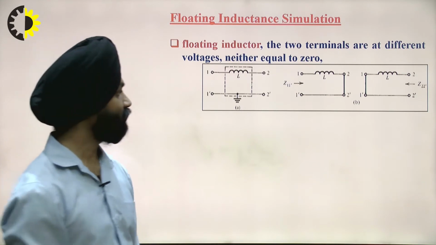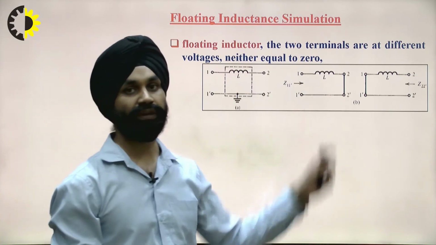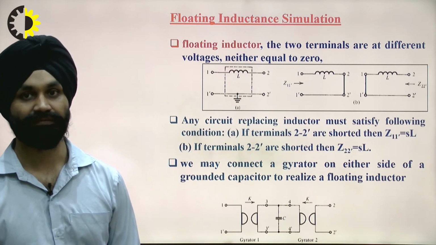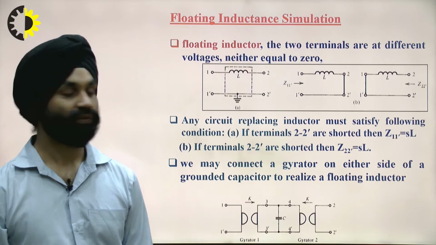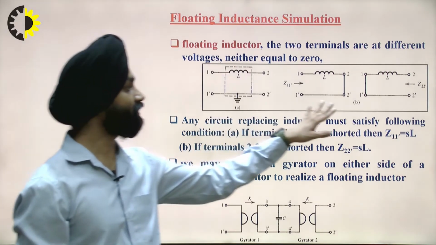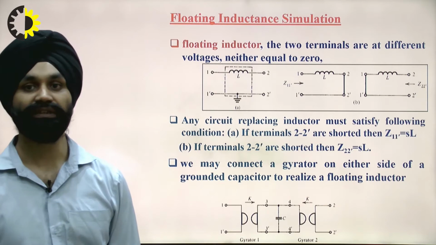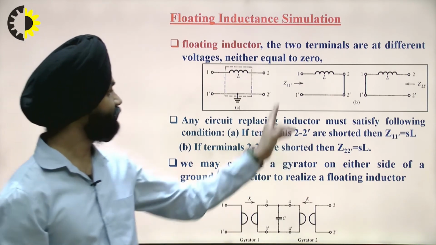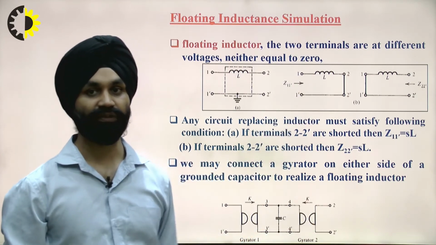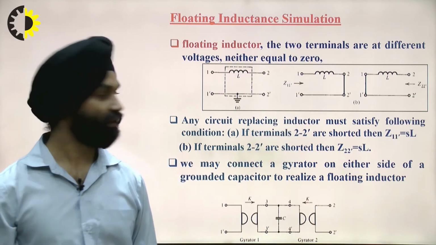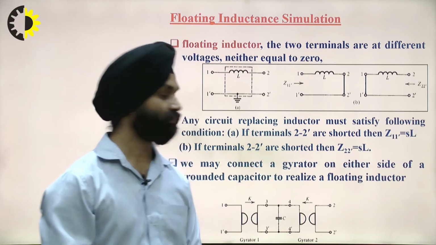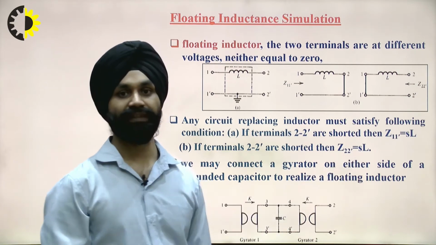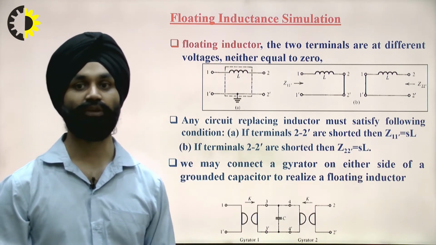So we can divide it into two inductors, and each inductor can be replaced by one GIC. Z11 is equal to SL, and similarly Z22 is SL for the output terminal.